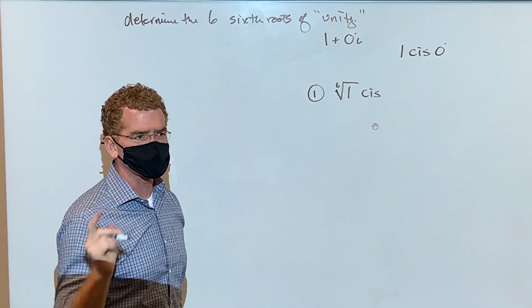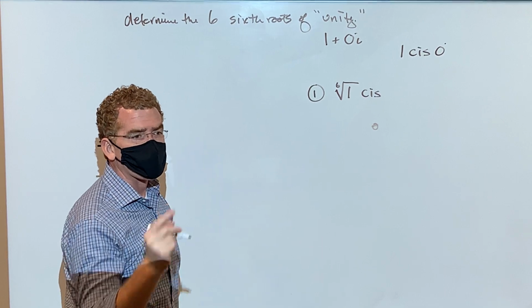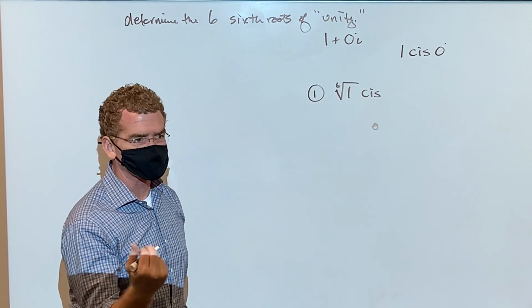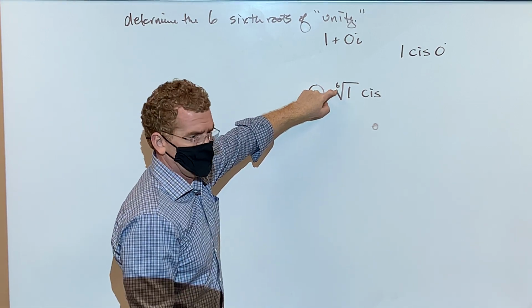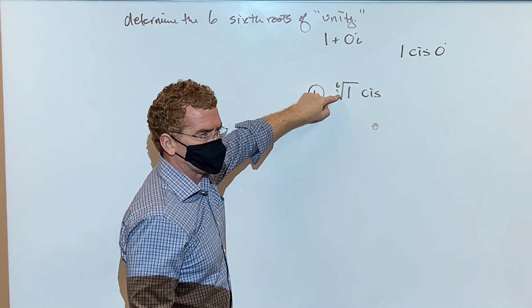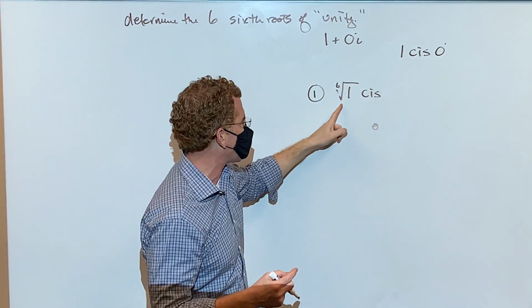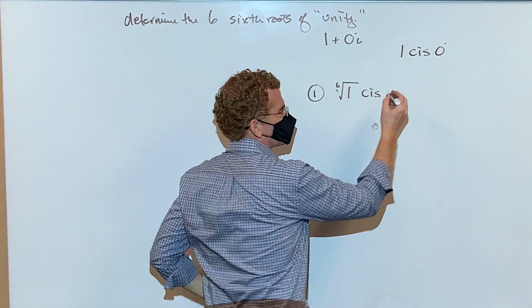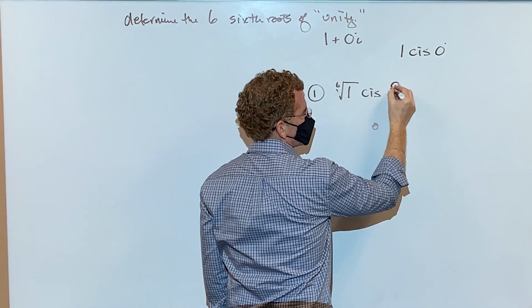That's what you do if I'm raising it to the 6th power. So you're really multiplying it by 1/6, or dividing it by 6, because the root is a 1/6 power. De Moivre says raise it to the power, multiply the power by the angle. So if the power is 1/6, I multiply the angle by 1/6, which gives me theta, which is 0/6.